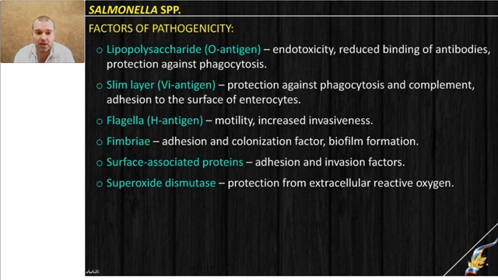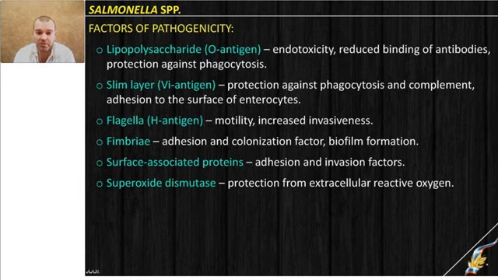Bacteria, similar to Shigella, have no capsule, but are surrounded by a slime layer, which is an analog of a capsule, a thin mucoid layer. In the case of Salmonella, it is again known as the Vi antigen. Its functions are the same: protection against phagocytes and complement. As well, it can help to stick to the surface of enterocytes and helps bacteria to establish infection in the GIT.